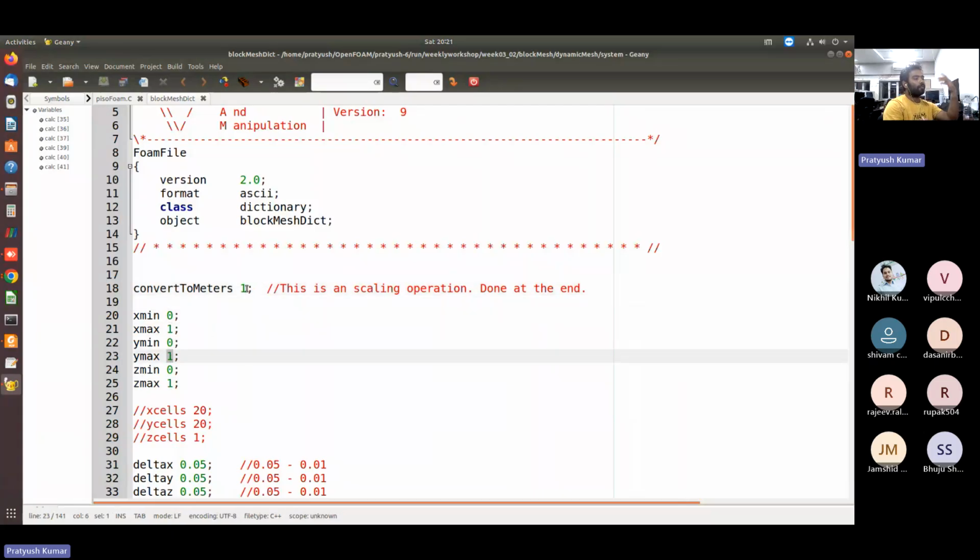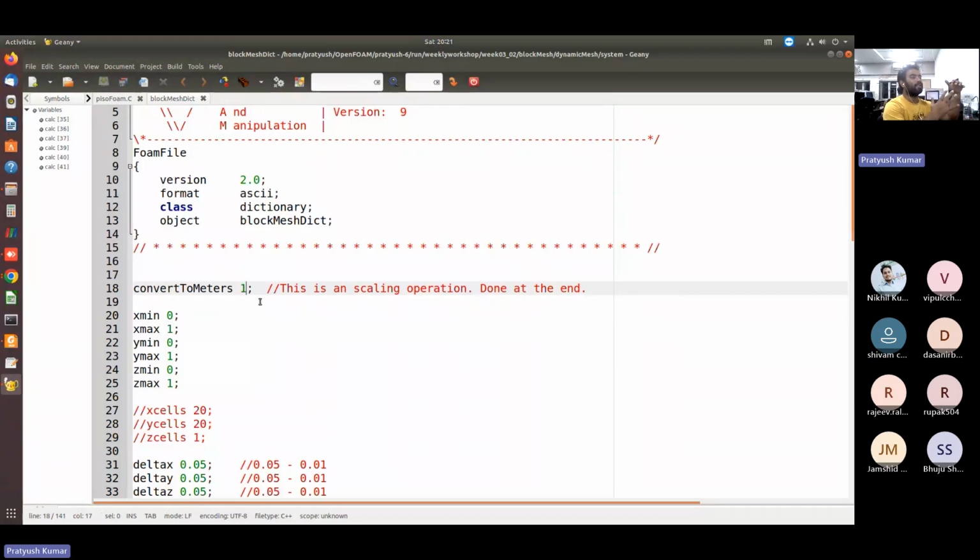If you want to work in centimeters or millimeters, you can just divide by 100 or by 10 based on the unit system you want to work in. It is also possible that you are doing some scale analysis kind of project.